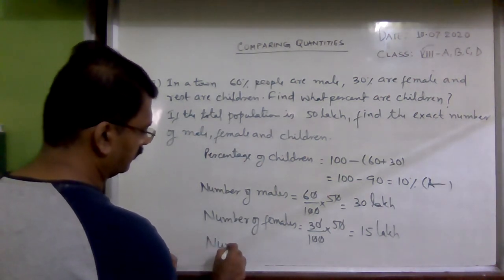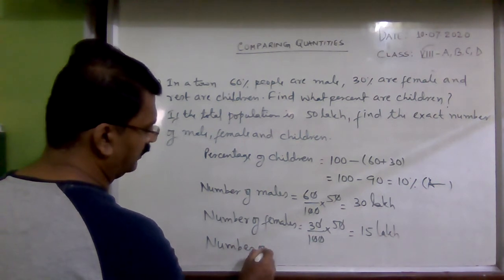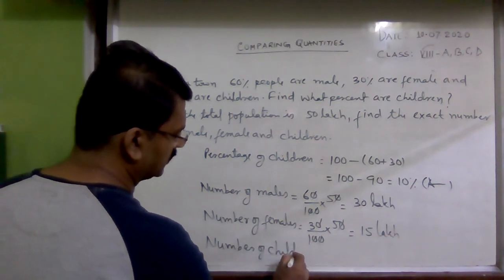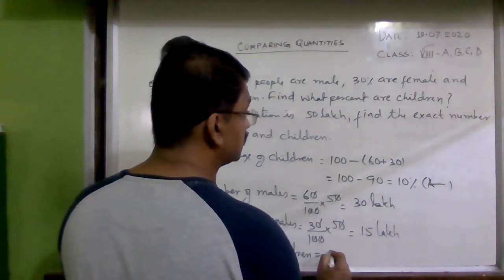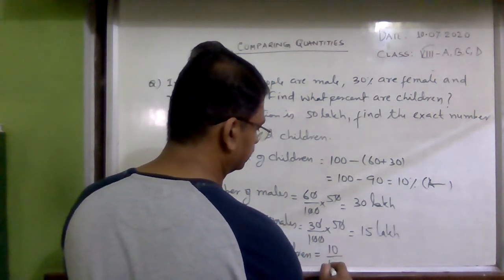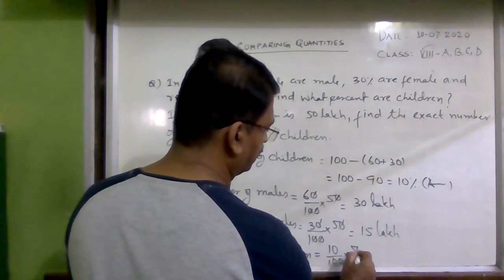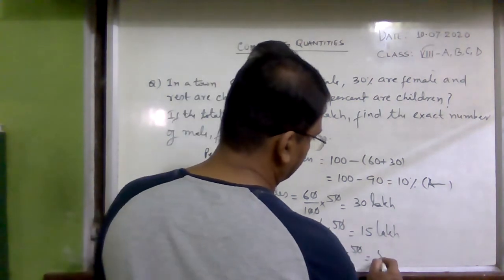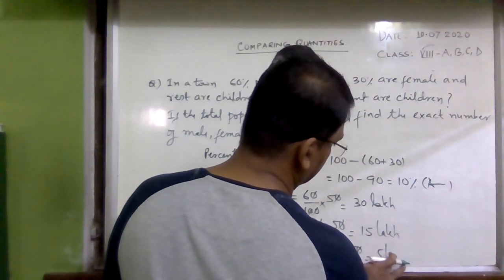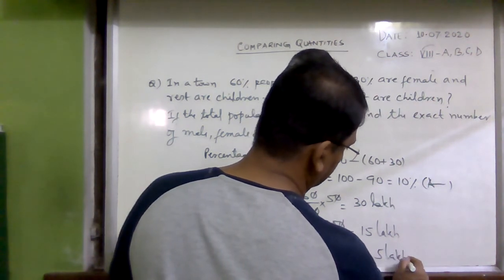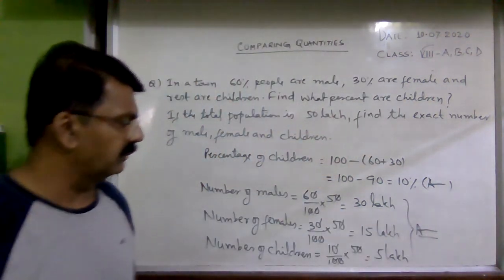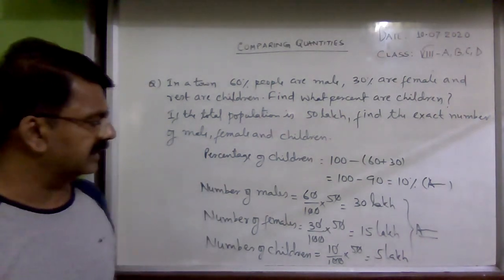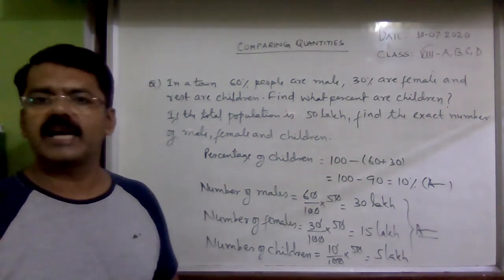Number of children, 10% of 50, that is 5 lakh. Okay, so that is your answer. 30 lakh male, 15 lakh female and 5 lakh children.